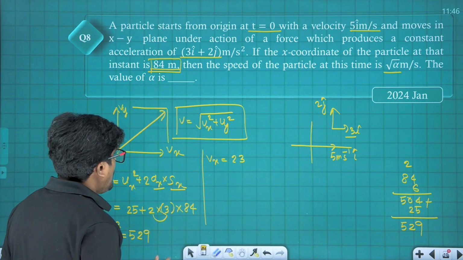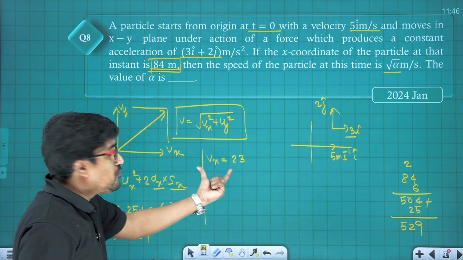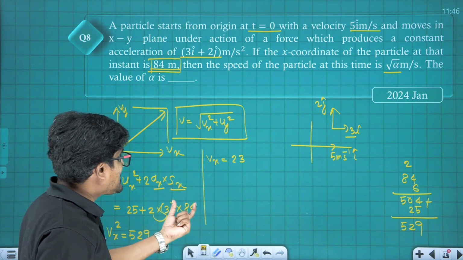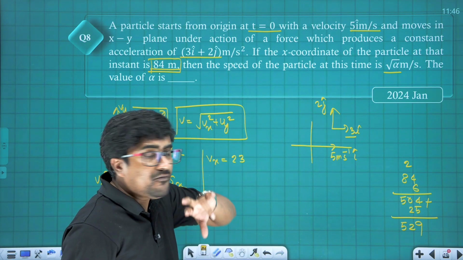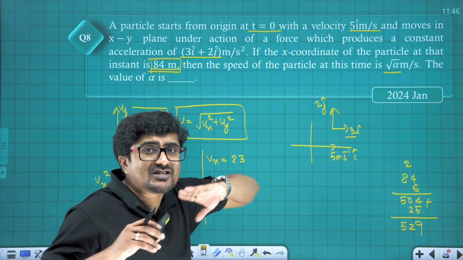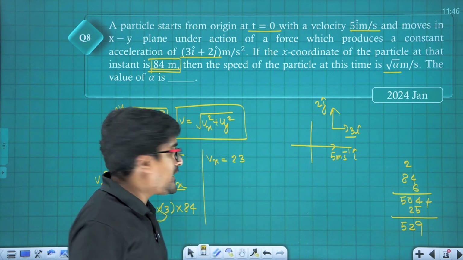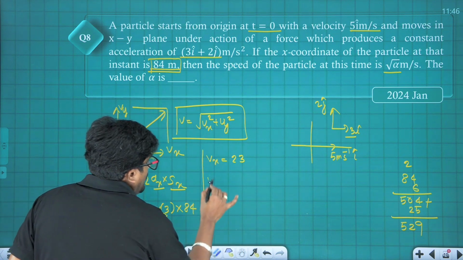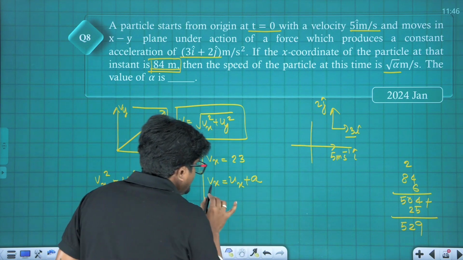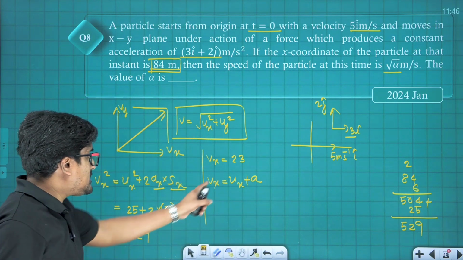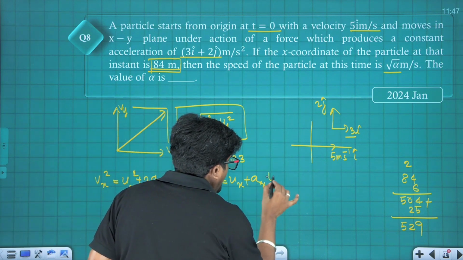Okay, now to get the value of Vy, we must know within what time the velocity along x-axis got increased from 5 to 23. From there we will get the time gap, and we can consider the same time gap along y-axis to get the value of velocity along y-axis. So of course, velocity along x-axis need to be initial velocity along x-axis plus acceleration along x-axis into time taken.